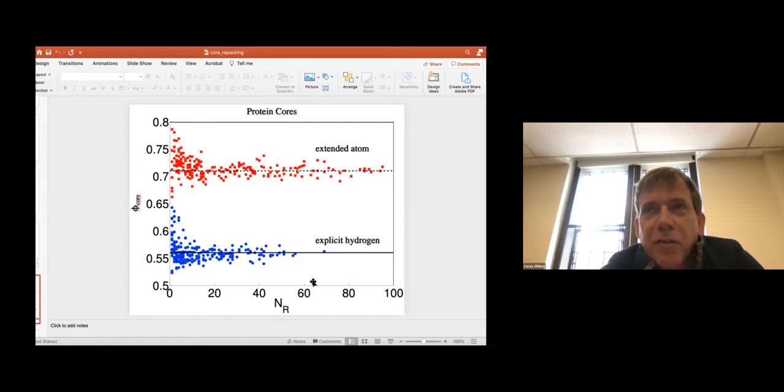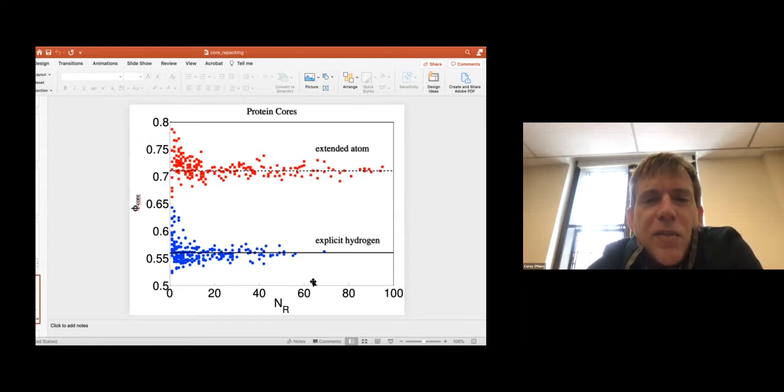Like if you're calculating the packing fraction of bubblegum balls in a bubblegum machine, the bubblegum balls don't overlap each other, and so you can calculate the packing fraction, how much of the container do the gumballs take up. But if the gumballs, for whatever reason, could pass through each other, then it's not really meaningful to calculate a packing fraction. And so that's why he gets this different result.